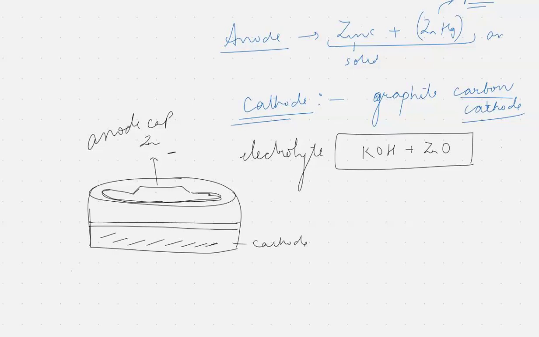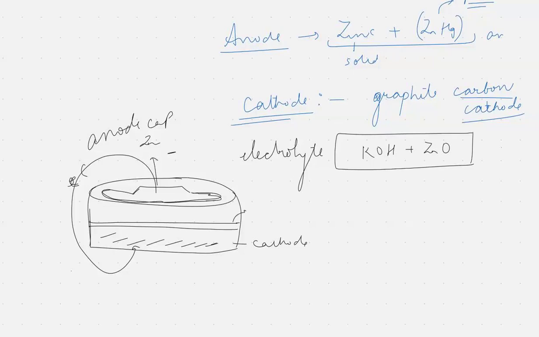So the electrons come outside and enter here like that. Understood my point? And in the middle, where do we really have the electrolyte? Somewhere near the gasket here.